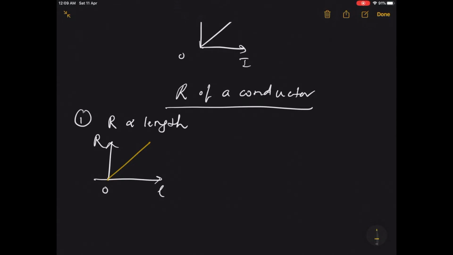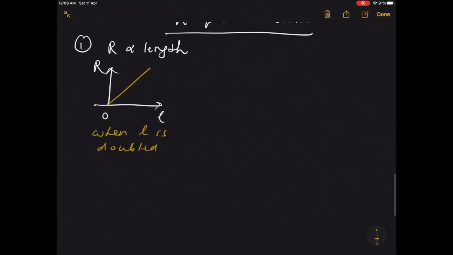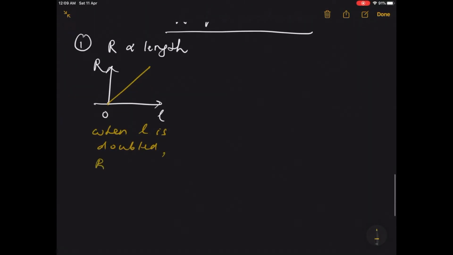What's the meaning of a straight line? That means it's directly proportional. Meaning that when L is double, R is double. So when you make your conductor longer, you have bigger resistance. Just like a road, a longer stretch, you need more energy to finish the stretch, right? Okay.